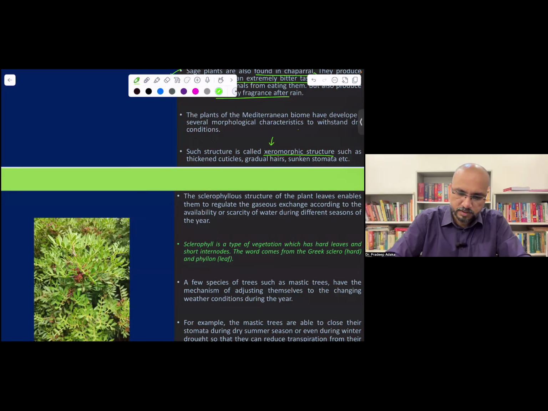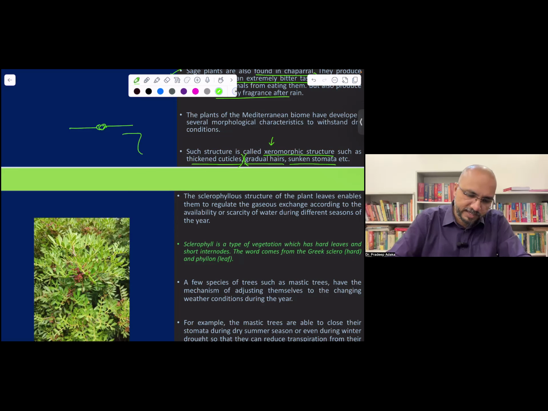Sorry, dry conditions, xeric conditions. So they have modifications to survive in dry conditions, such as thickened cuticles to reduce the transpiration directly from the leaf through the cuticle. They have hair and sunken stomata. So stomata is not present on the surface like this.